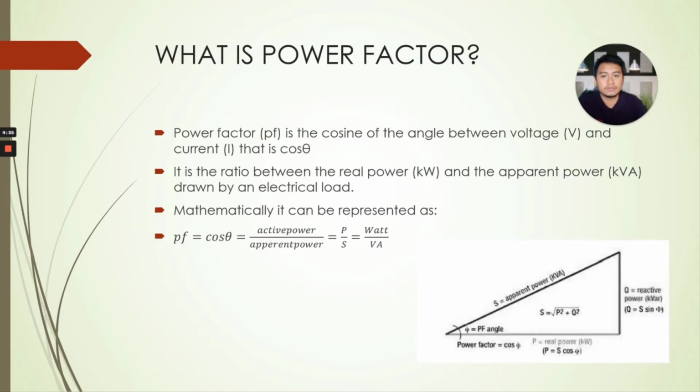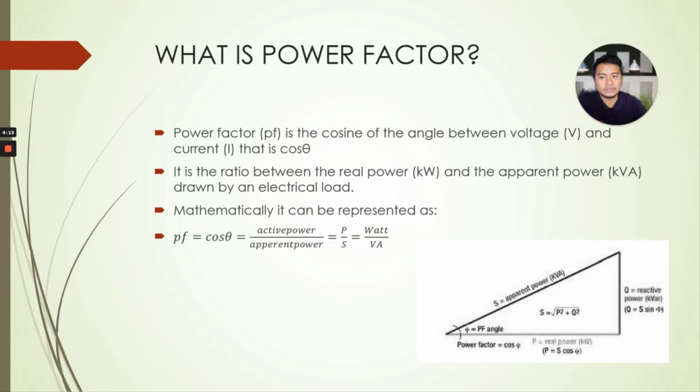So what is power factor? The power factor is the cosine of the angle between voltage and current, that is cos theta. It is the ratio between the real power and the apparent power drawn by an electrical load.